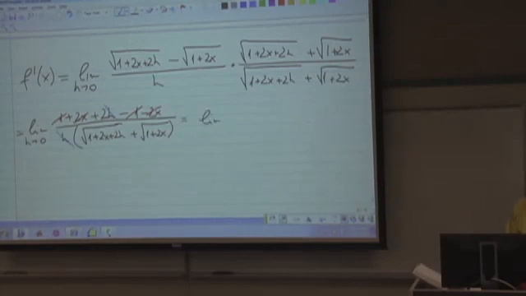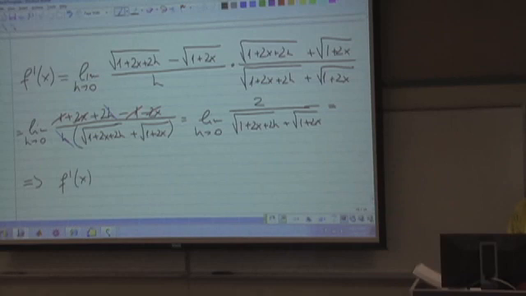So I'm left with the limit, as h goes to 0, of 2 divided by the square root of 1 plus 2x plus 2h, plus the square root of 1 plus 2x. Put in 0 for h. I have 2 over the square root of 1 plus 2x, plus the square root of 1 plus 2x.